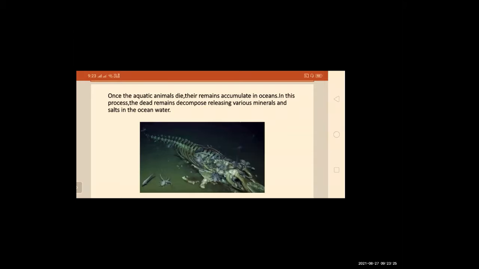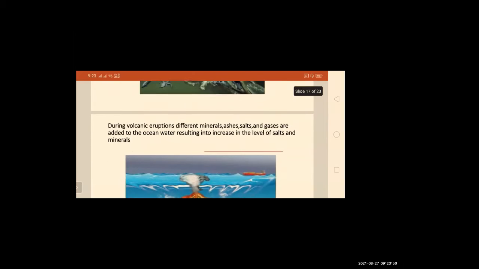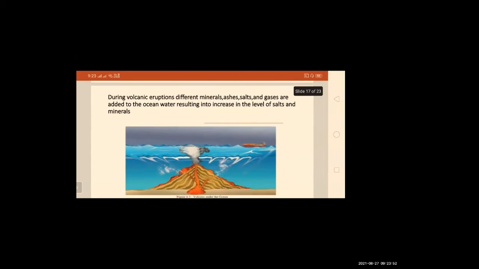When any aquatic animal dies, the dead remains decompose in the oceanic water, and while decomposition is happening, it releases various types of minerals and salts in the ocean water. This is the second reason behind the salinity of water.